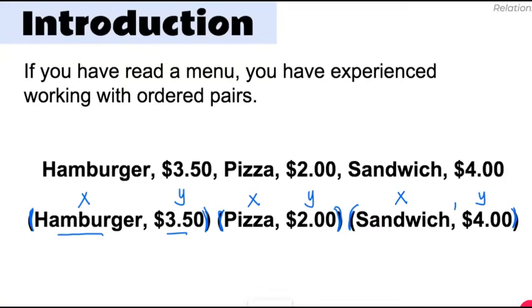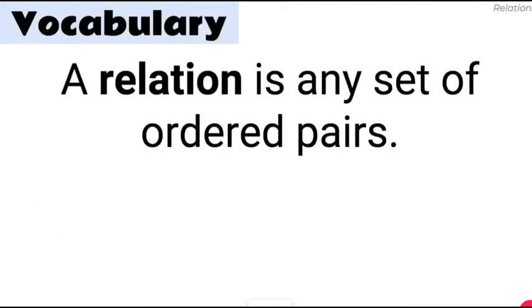You've also experienced a relation if you've looked at a menu, because a relation is any set of ordered pairs. It's a set because they go together. So when we say a set of ordered pairs, it's just ordered pairs that belong together. Doesn't mean they're connected or that they represent something specific.